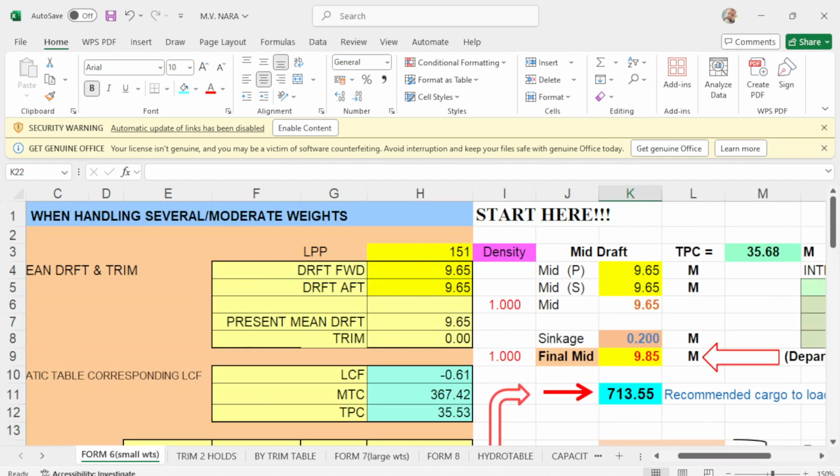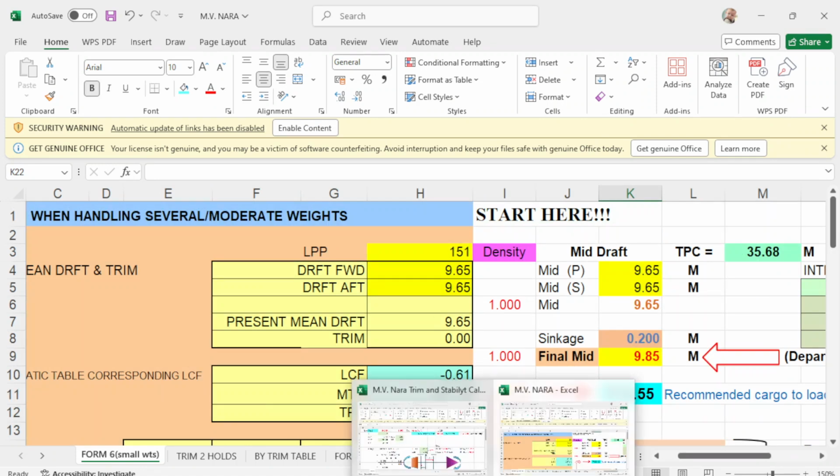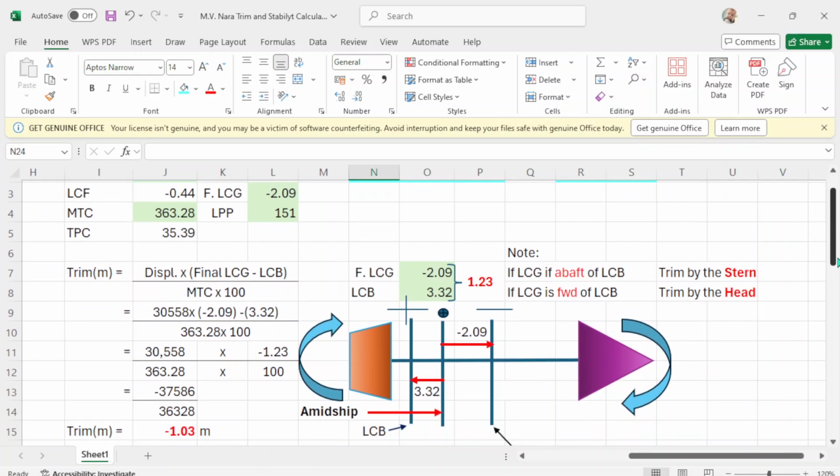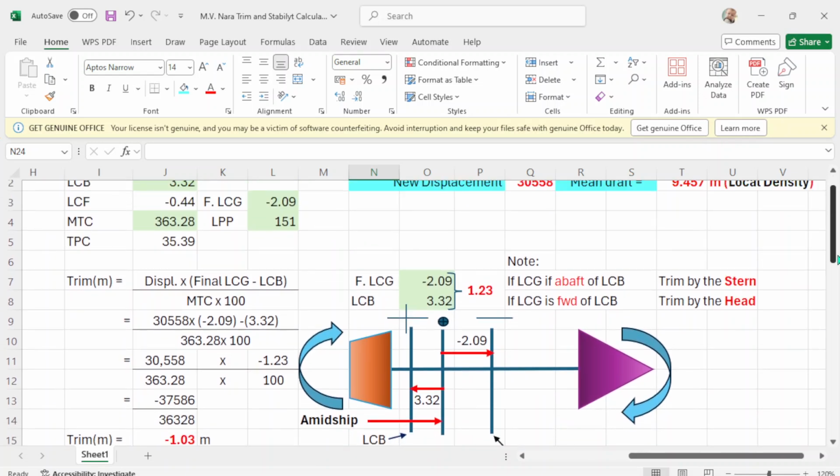Okay, so we have already confirmed the figures that we have. Now the first thing to do is compute for the trim. In this figure, we will put the final LCG of 2.09.